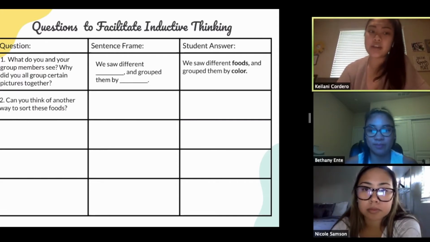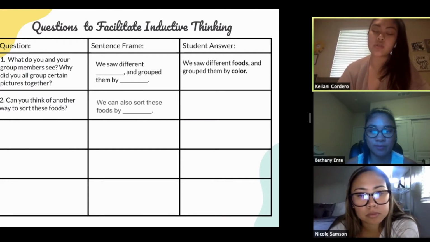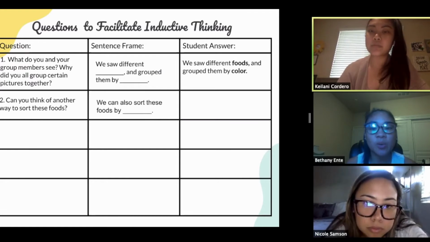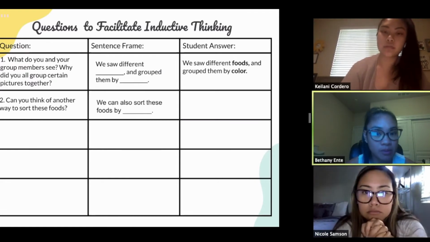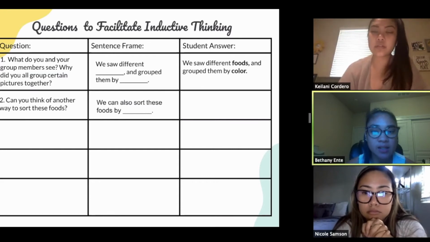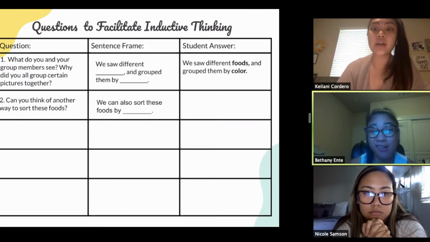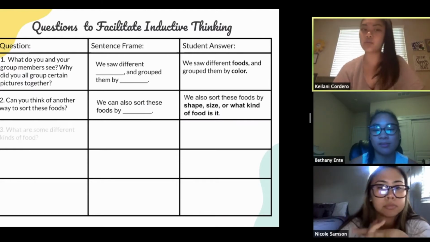And can you think of another way to sort these foods besides color? We can also sort these foods by shape, size, or by what kind of food they are. Awesome. So what kinds of foods they are? I like that one. So let's talk more about that.